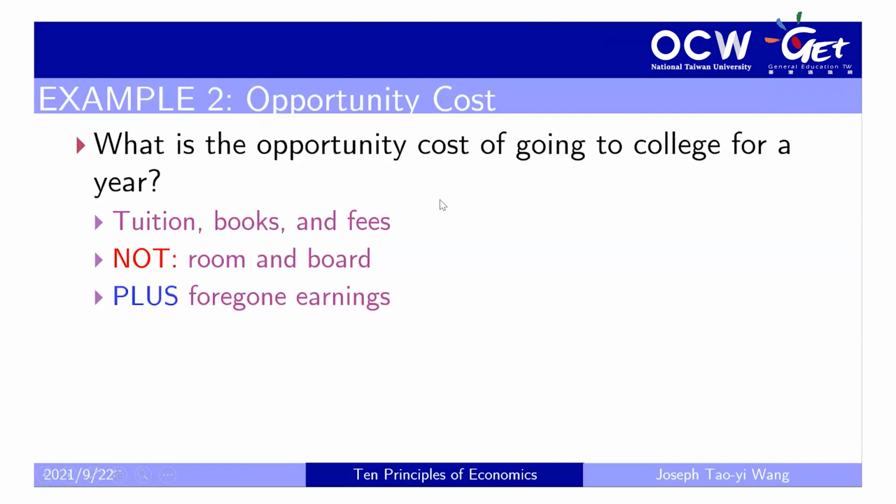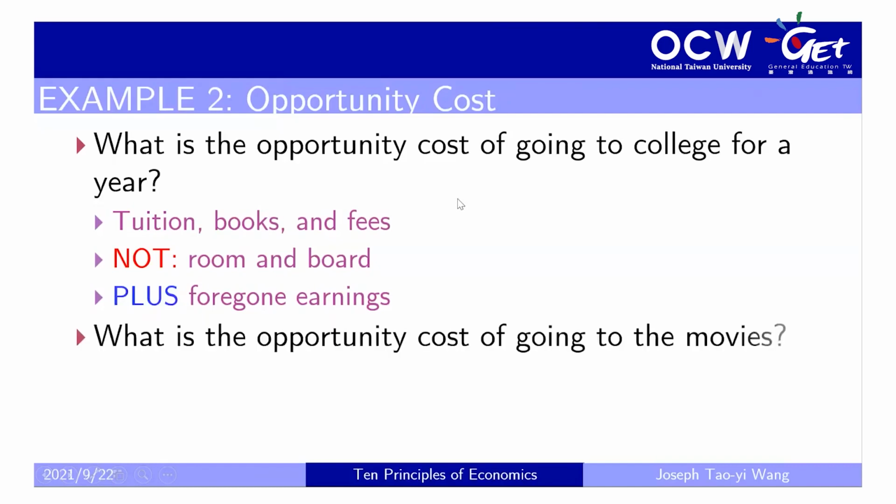And of course, that is the reason why LeBron James decided to just go straight from high school to the NBA and skip college entirely. But there are other professional athletes that decide year by year whether they should drop out of college and go on to the next level, to go to the NFL or be drafted to the NBA and so on, and that's because they have very large foregone earnings there.